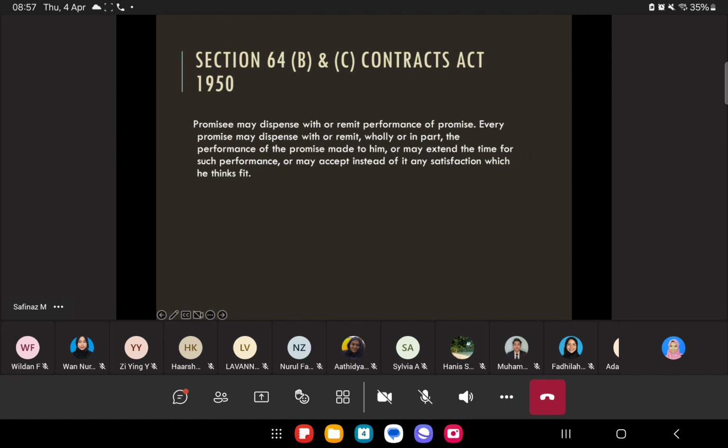Okay, Section 64 Contracts Act Malaysia. Promisee may dispense with or remit performance of promise. Every promise may dispense with or remit wholly or in part the performance of the promise made to him, or may extend the time for such performance, or may accept instead of any satisfaction which he thinks fit. So kenapa saya sebut section ni?